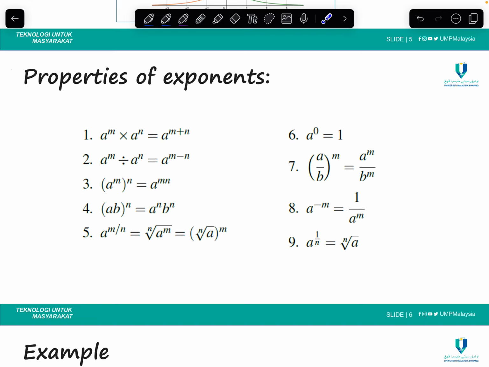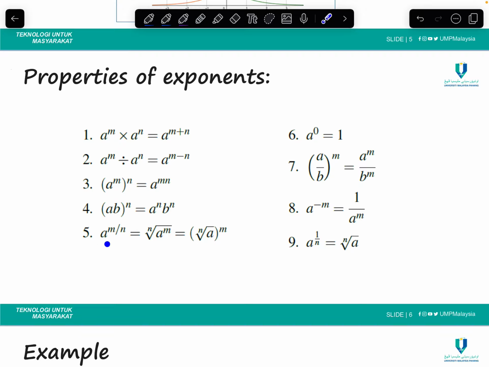Number 4, if you have a bracket with a power outside, and in the bracket you have two elements, based on this rule each element gains the same power. So a has power n and b has power n as well.